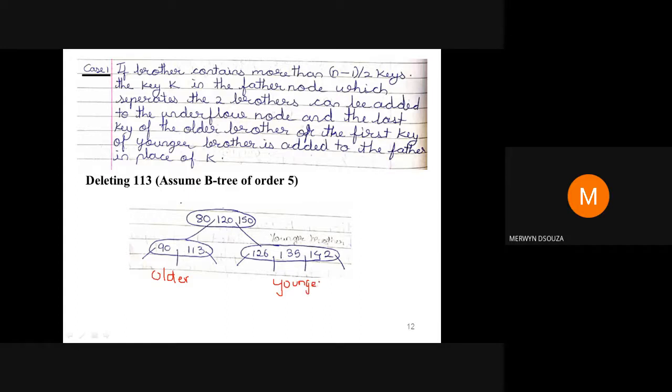If there were 3 nodes, then with respect to the middle one, you would have had an older brother and a younger brother. Just remember this, because when we are going to do these cases, you need to know which is the older brother. If I say older brother, which node am I referring to. If I refer to younger brother, which node am I referring to.